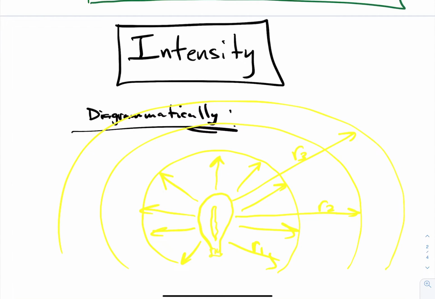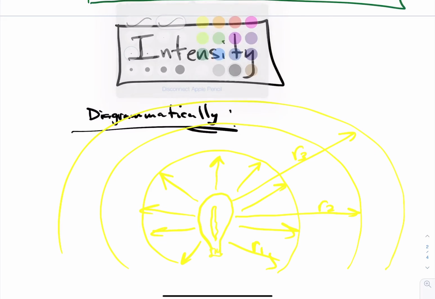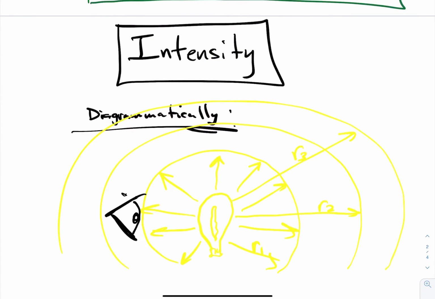The amount of light is getting spread out over the distance, and so the intensity of light that we would see if we were looking at this light bulb from here would be greater than if we were looking at the light bulb from here, right? And you can kind of imagine that. If you get really close to a light bulb, it feels more painful than if you're farther away from it.